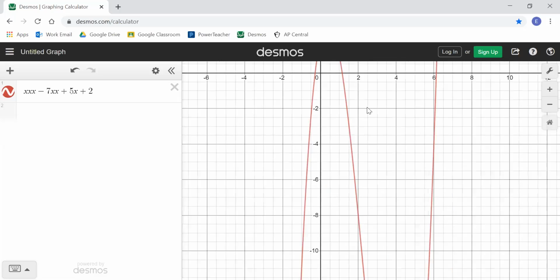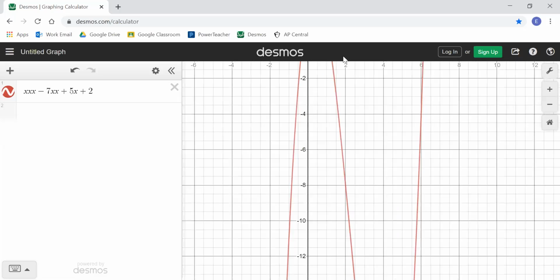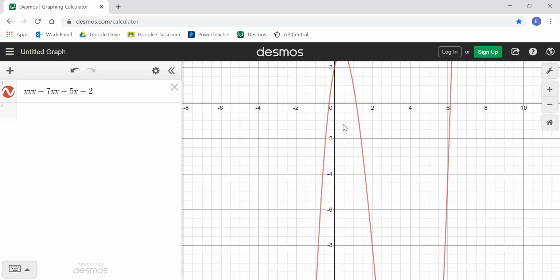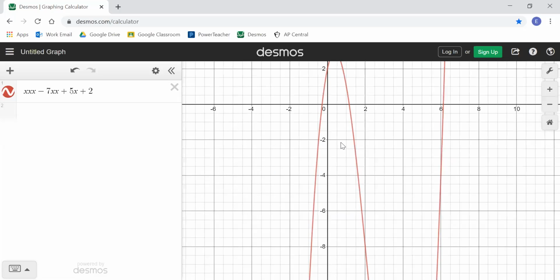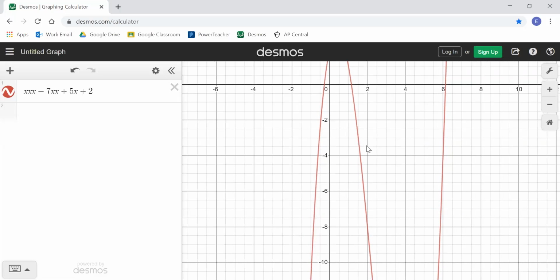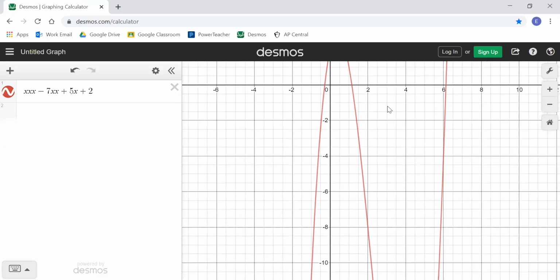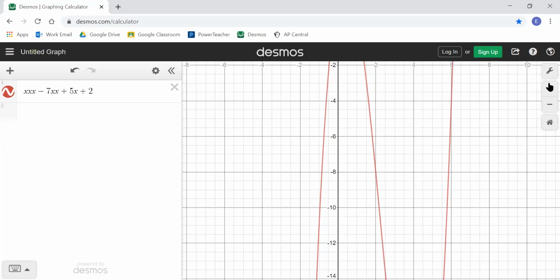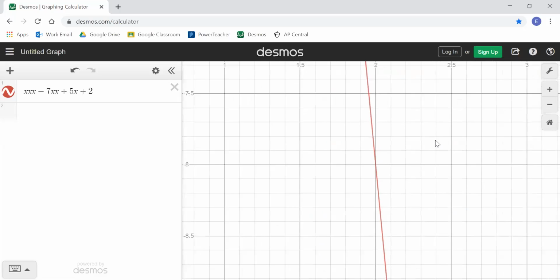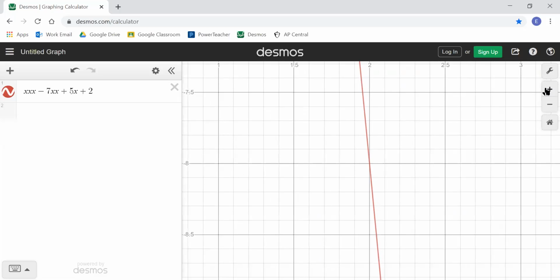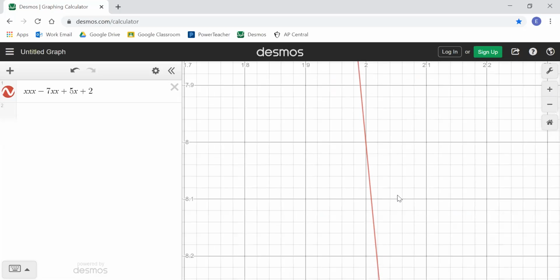What if I pick some other point? That point's going to take the longest because it is a local max. But even if I picked some other point, like this point here at around x equals 2, it already looks like a line, doesn't it? I haven't zoomed in very much at all, but it already looks like a line.